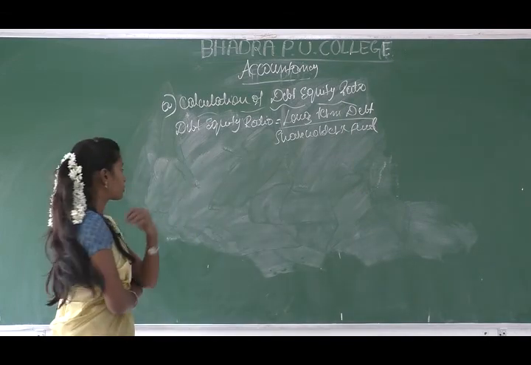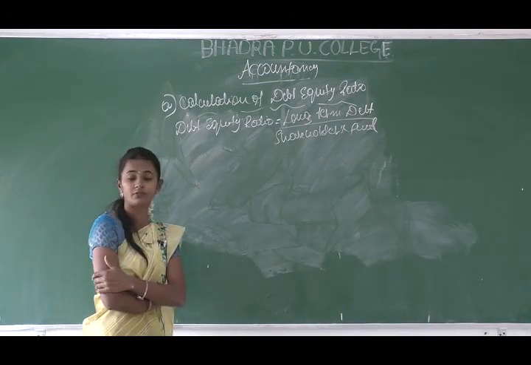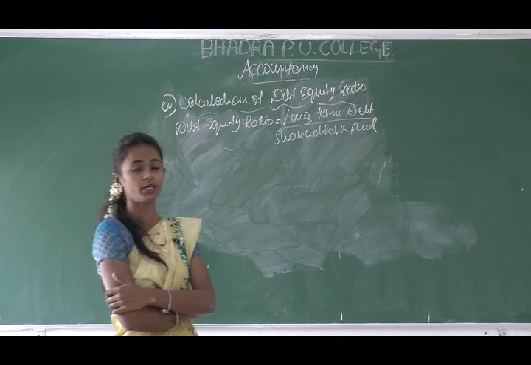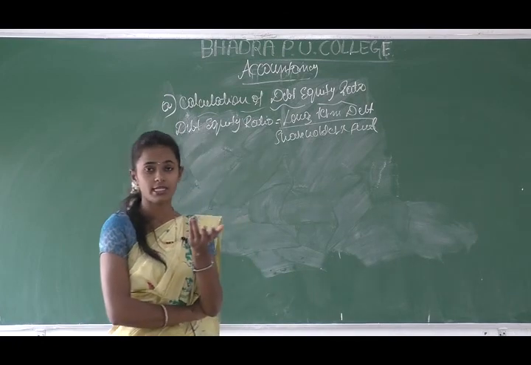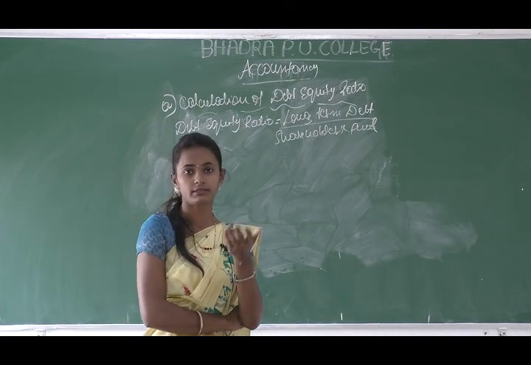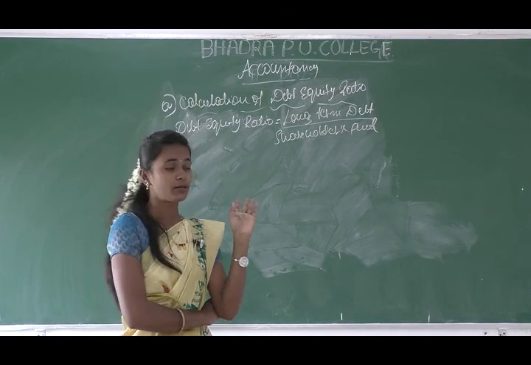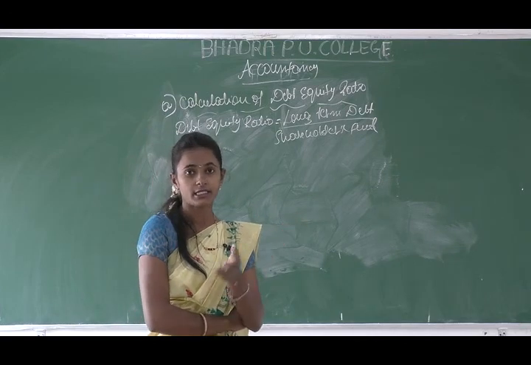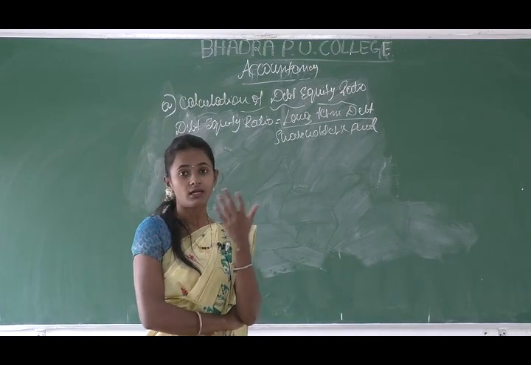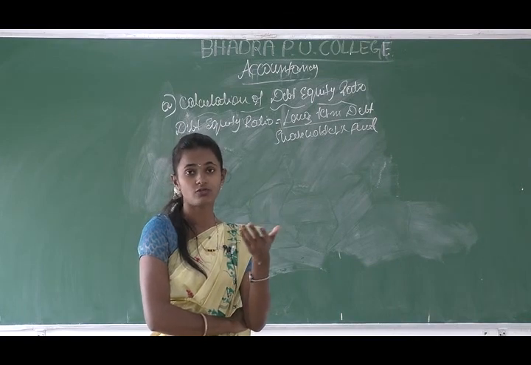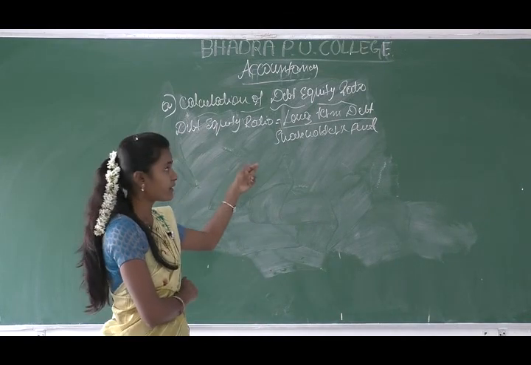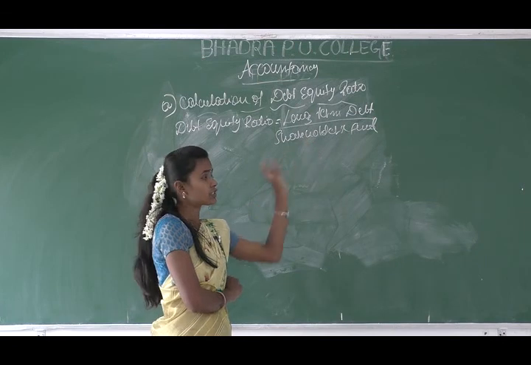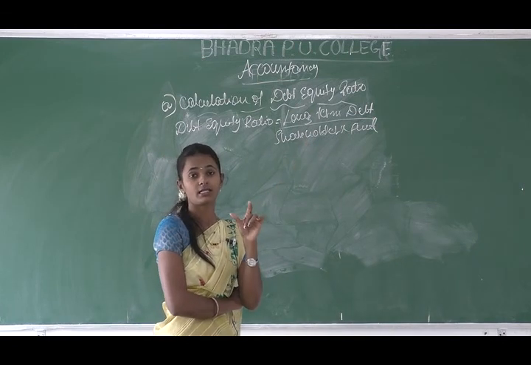This is the formula for the calculation of a debt equity ratio. In the last problem, they only mentioned a long term debt and a shareholders fund directly, but in this problem we have a list of liabilities and a list of assets. So here we need the long term debt and shareholders fund, which come under the liability side.